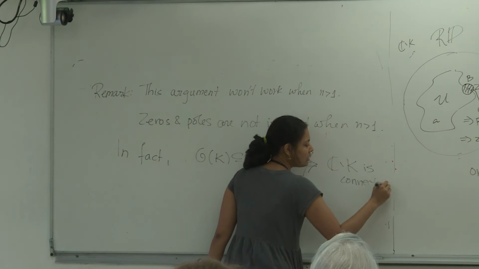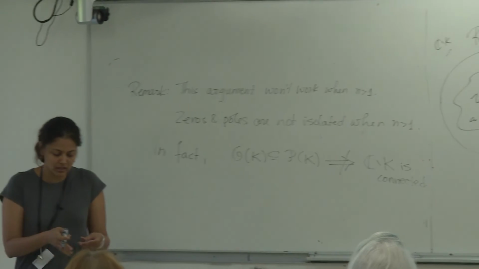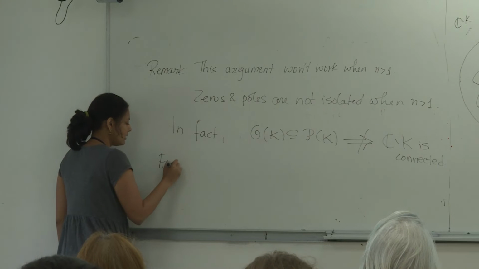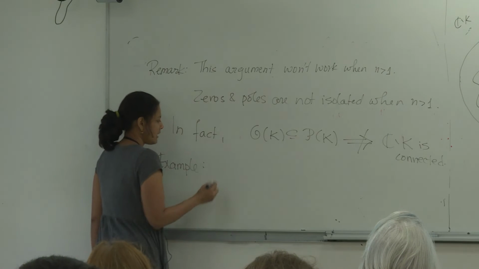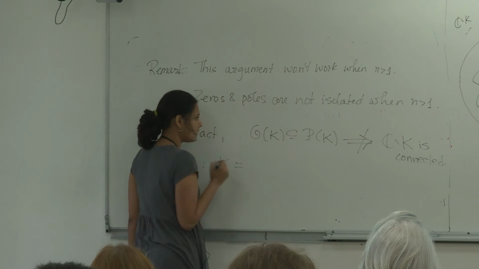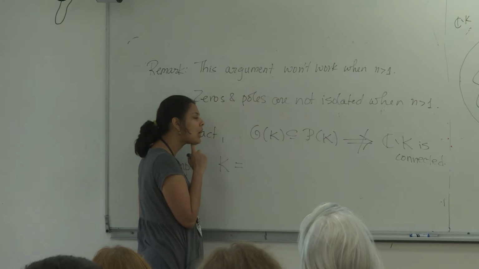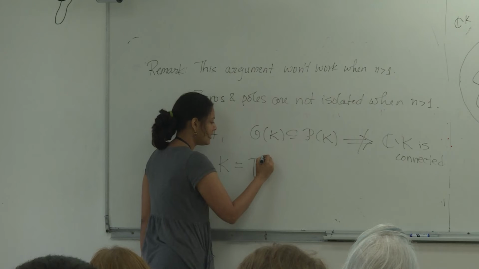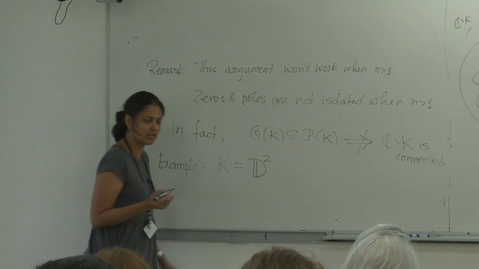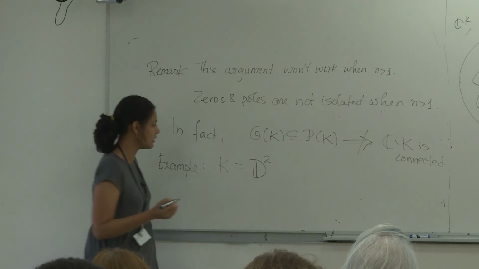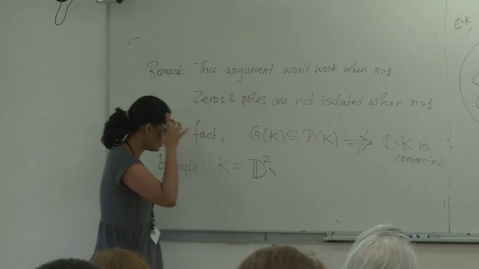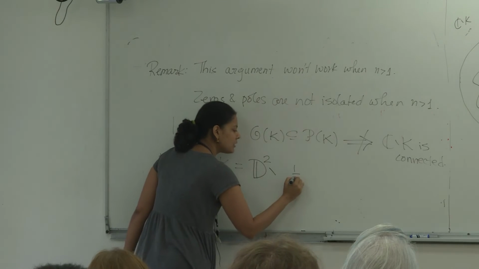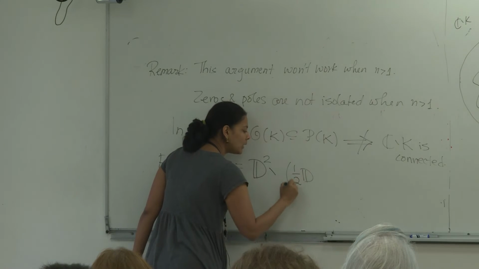And let me give you an example where I'm of course assuming certain facts. So a simple example is if you take K to be, avoiding notation, the bidisk, which I write as D2 over here, and I take the closure of the whole thing. Then I remove a hole, create a hole in that.